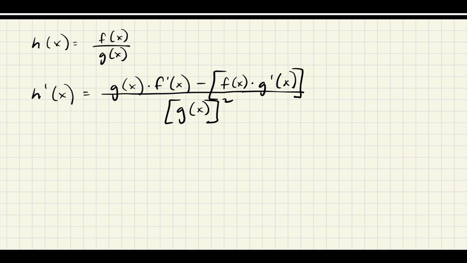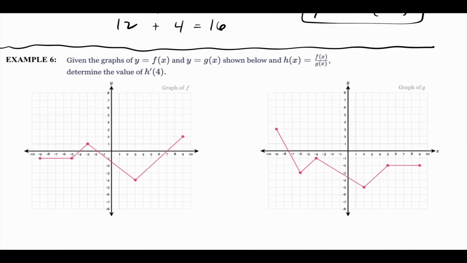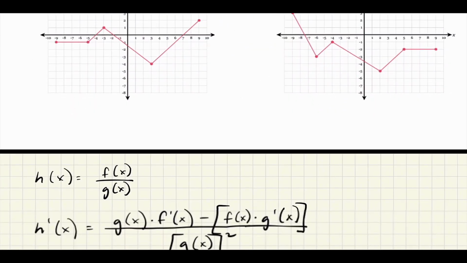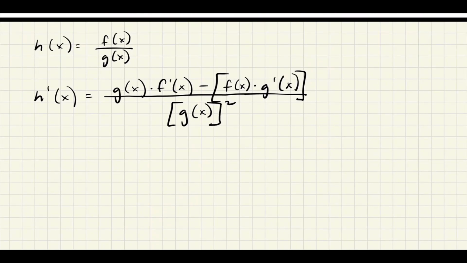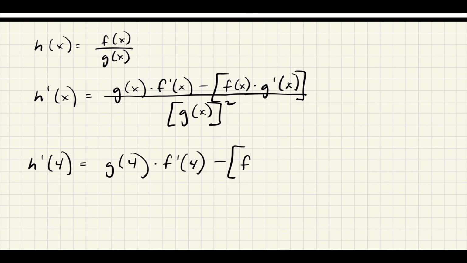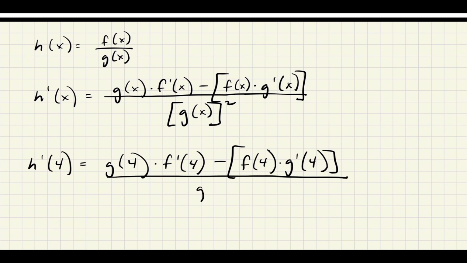Now they want h prime at 4. So I'm going to plug in 4 everywhere I see an x. I'm rewriting it, and the only thing I'm doing differently is writing a 4 instead of an x.